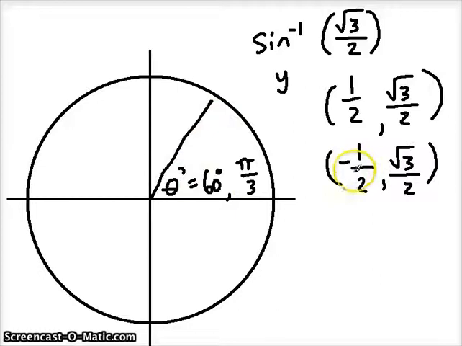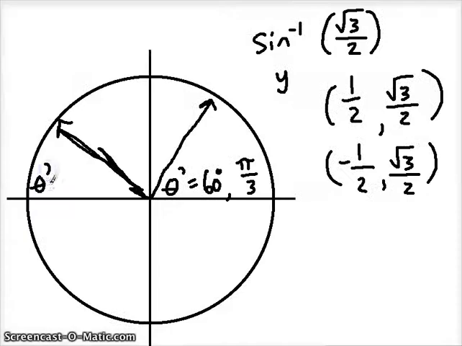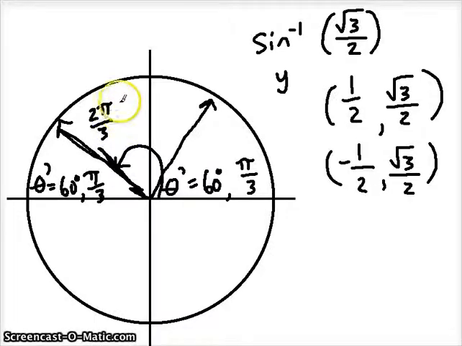And then if I want to think about the angle that corresponds with this coordinate pair, I got a negative x value, positive y, so I'm going to be somewhere over here. Just sketching. So that would correspond with the same reference angle. But if I think about the actual angle, the angle that goes from here in standard position all the way over to there, that would be 2 pi over 3, or 120 degrees, right?